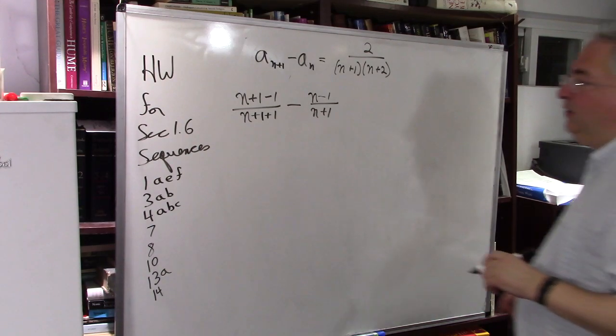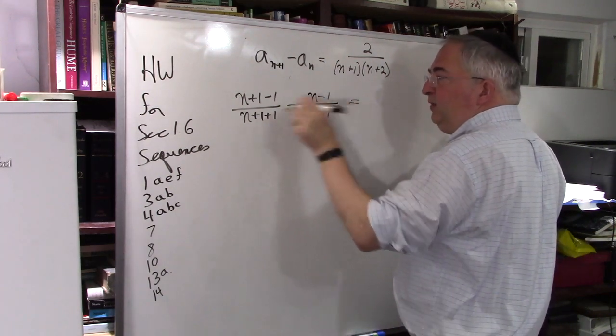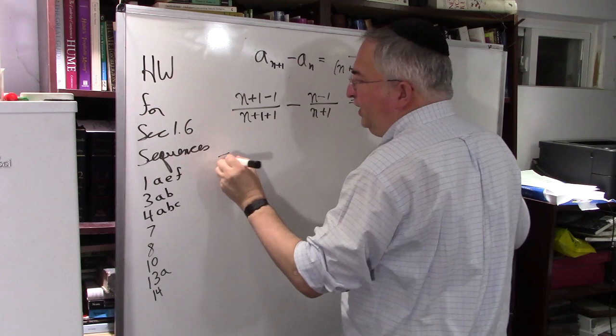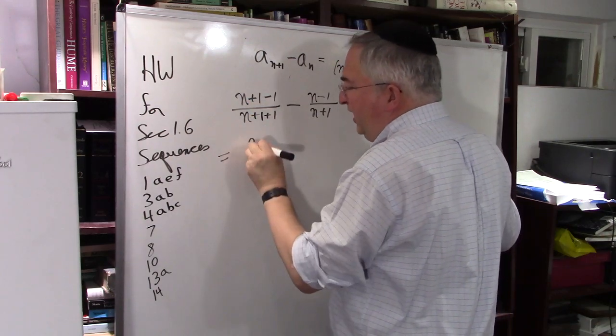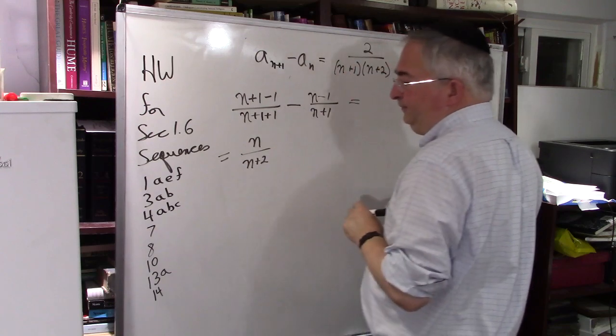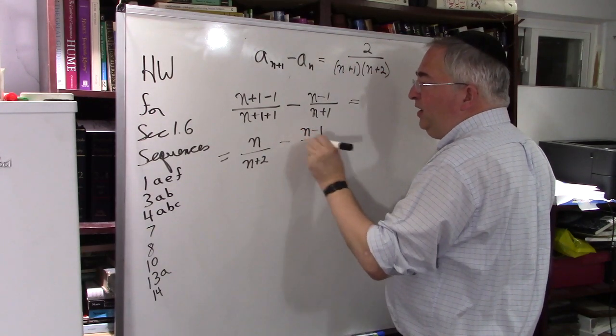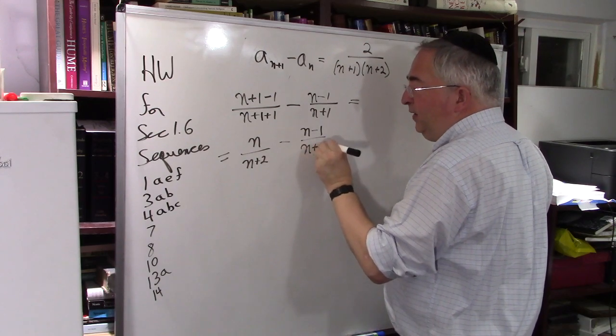Okay, so good. So let's fix this up. Let's write it like this. N plus 1 minus 1 is n. This is n plus 2. Okay, minus n minus 1 divided by n plus 1.